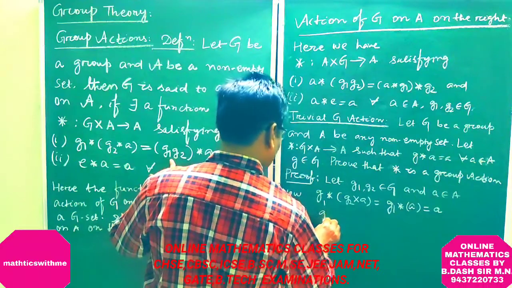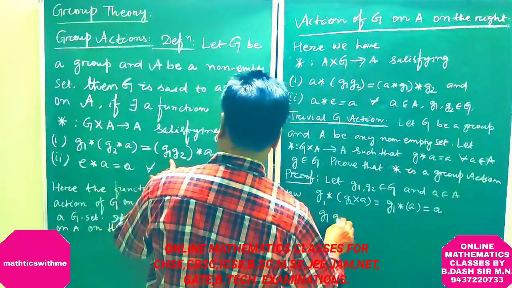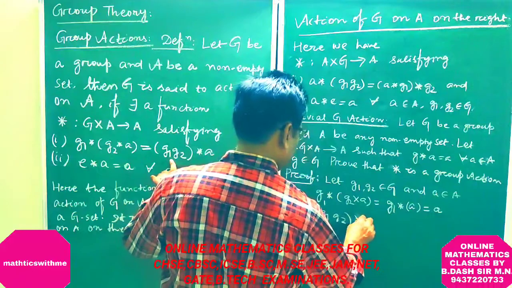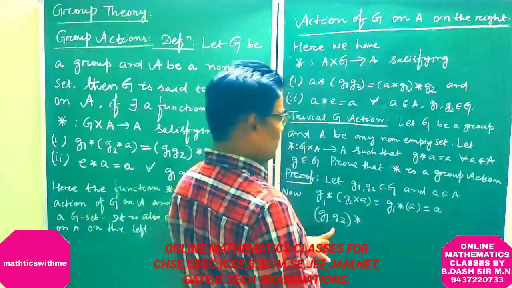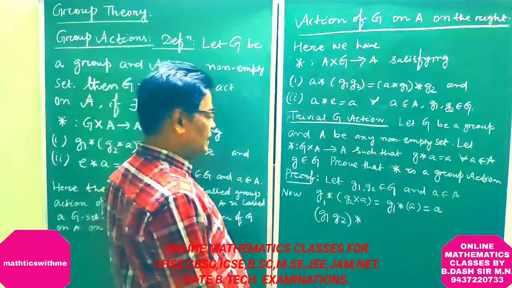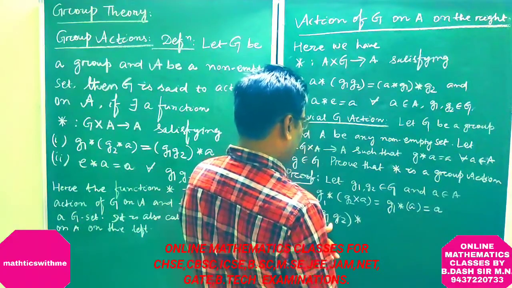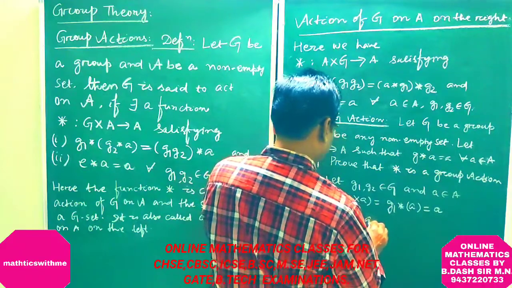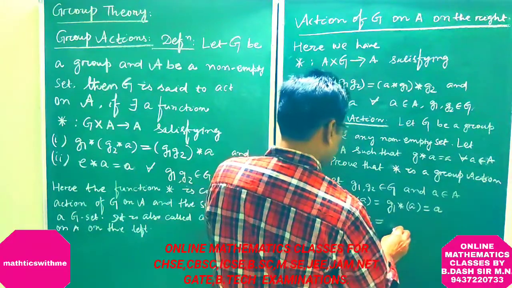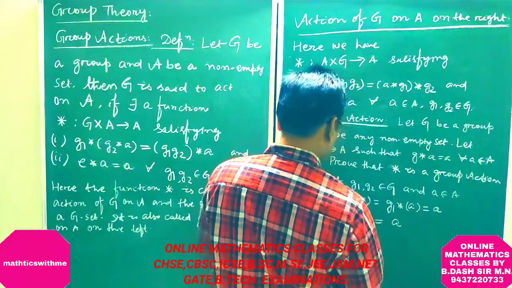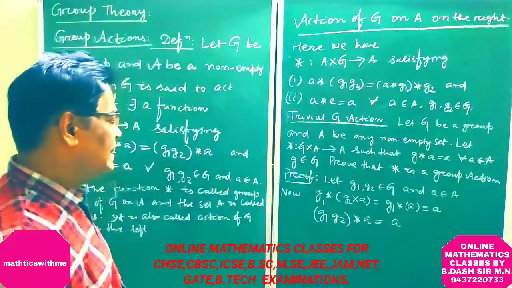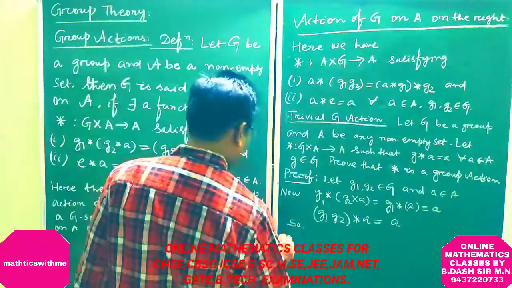Again (g1 g2) star a. As G is a group, g1 g2 also belongs to G by the closure axiom. It is an element of G, so this is equal to a. So the first condition is satisfied.